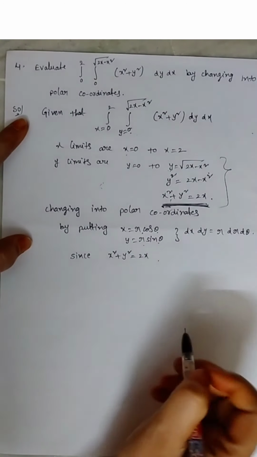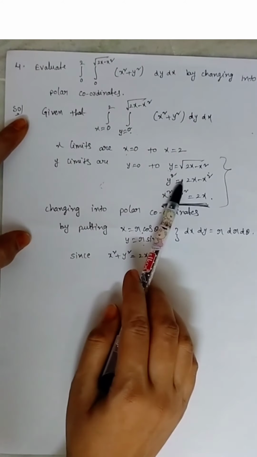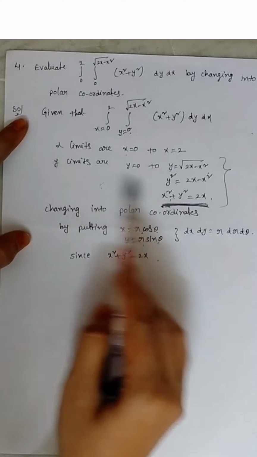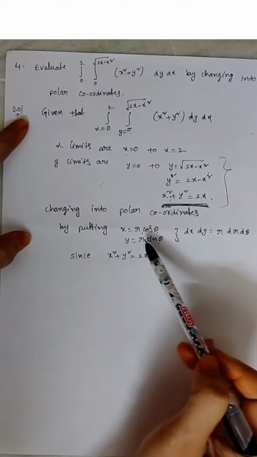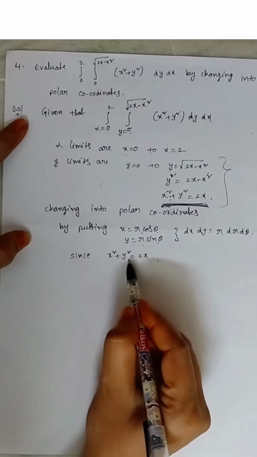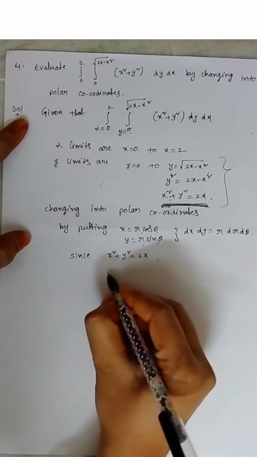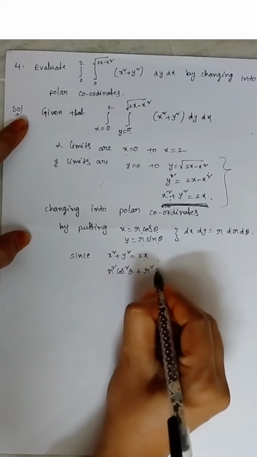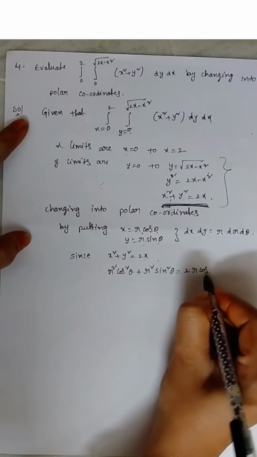I repeat once again, if you are not able to find the limits from the given data, then you have to substitute x equals r cos theta and y equals r sin theta. So since x square plus y square equals 2x, substitute the r cos theta, r sin theta values. So r square cos square theta plus r square sin square theta equals 2 into r cos theta.